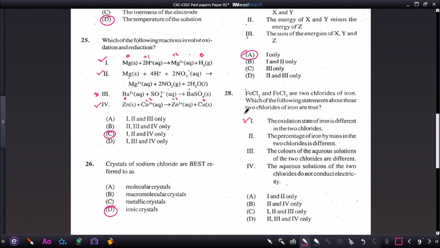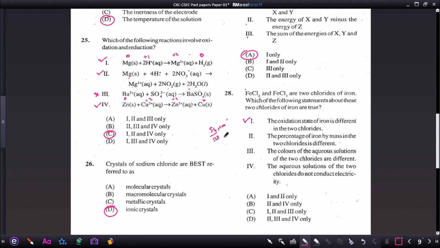We want to find out the percentage mass of iron. So let us find the RMM of the compound. Iron is 56 and chlorine is 35.5 times 2, so that's 71. 56 plus 71, that's 127. So it's 56 over 127 multiplied by 100. What's the percentage for that?